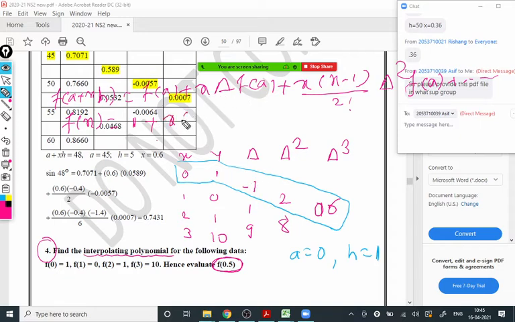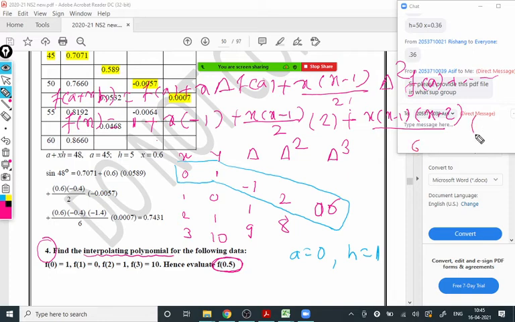Delta f of a is minus 1, plus x into x minus 1 upon 2 factorial, which is 2. Delta square f of a is 2, plus x into x minus 1 into x minus 2 upon 3 factorial, which is 6, into 6. And now you just have to simplify this and you get f(x). That f(x) is nothing but the interpolating polynomial for the given data.